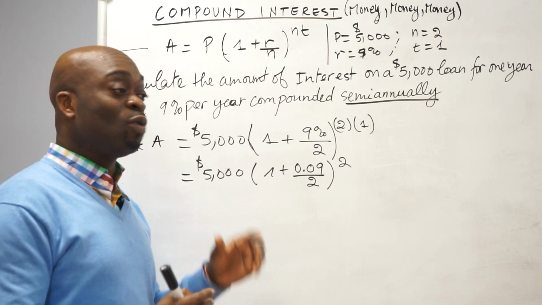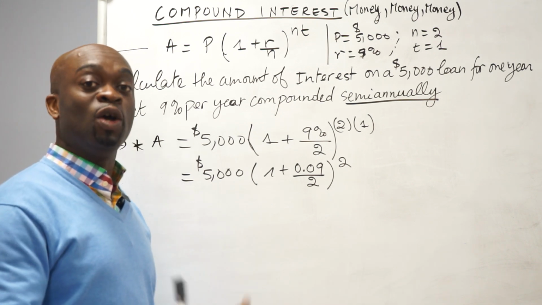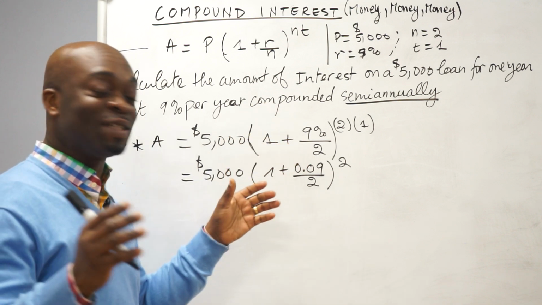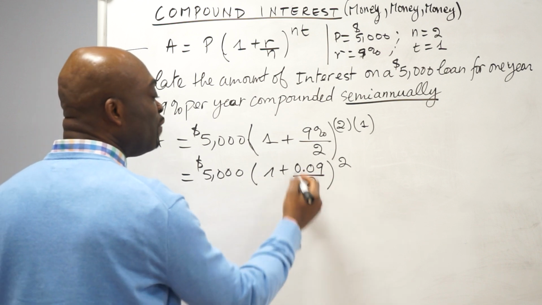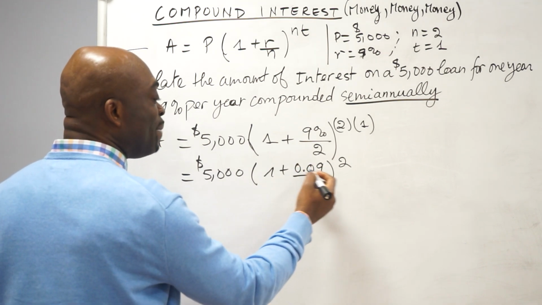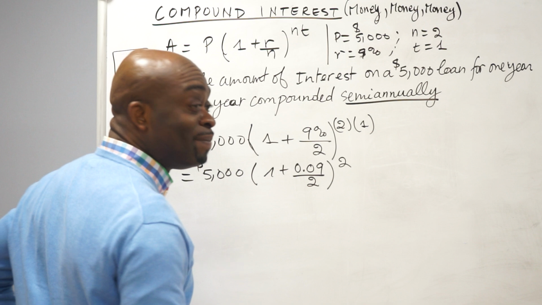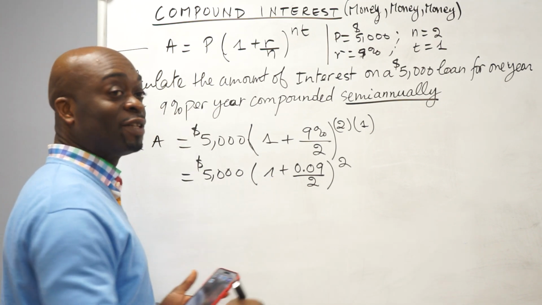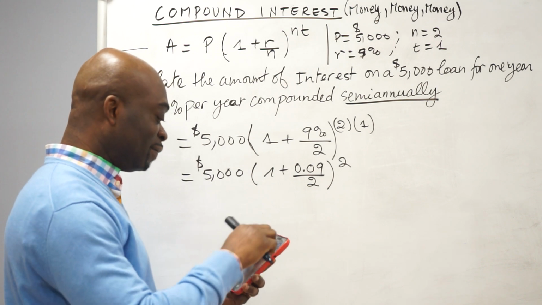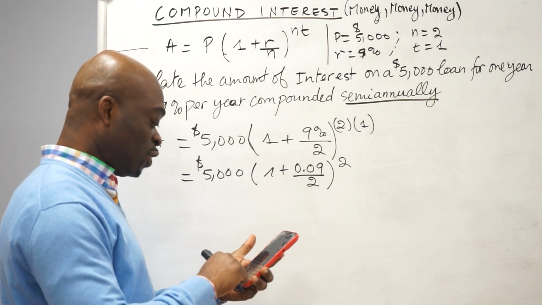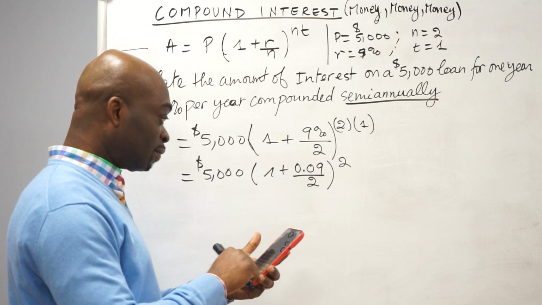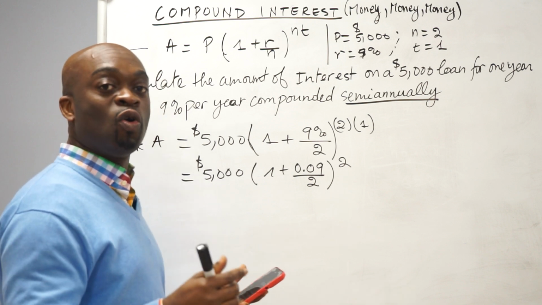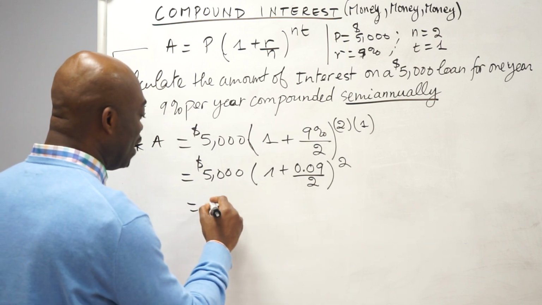That's the reason why we're doing all of these things. In math, whatever we do for the foundation will help us to grow and then solve problems like this one. If you're doing this one step at a time, you divide 0.09 by 2. We can take our calculator out. Remember, 9 divided by 2 is 4.5, but let's just do it here. 0.09 divided by 2 gives us 0.045.